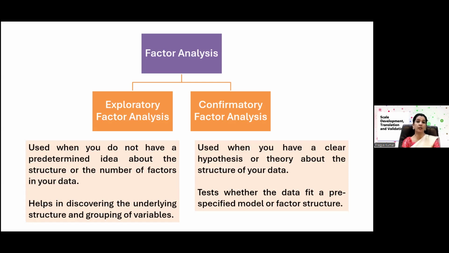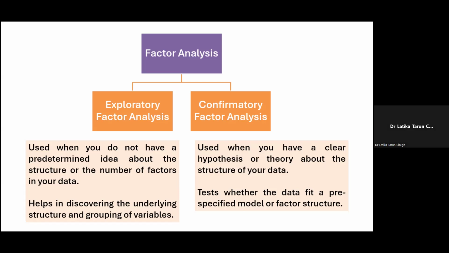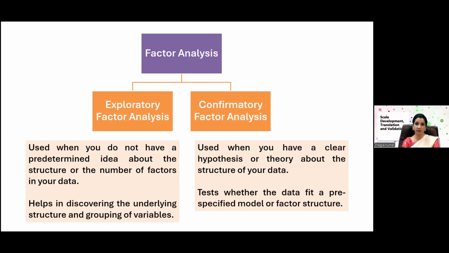You cannot do EFA on 50. 50 you only did in the pilot testing for reliability. Then you gave the questionnaire to a larger sample. Once you are there with your actual data, 200, 250, 300, whatever, then you can decide to split it half-half. Many people do half-half.